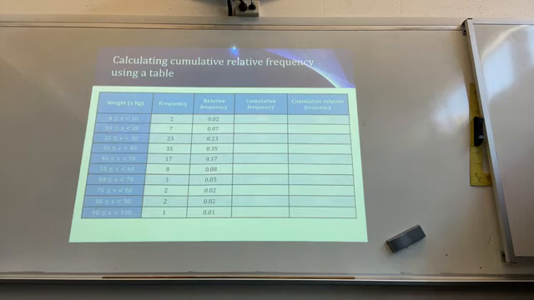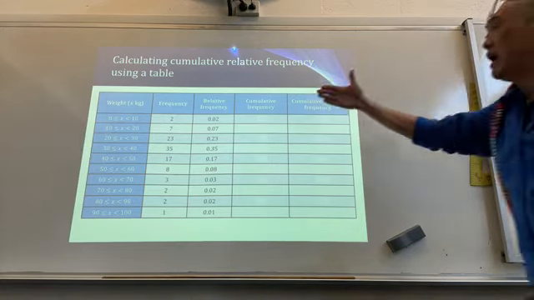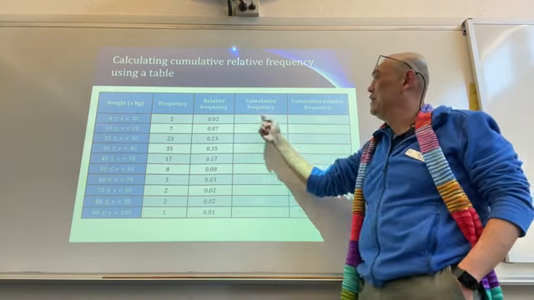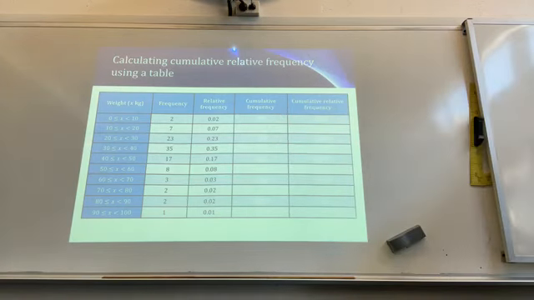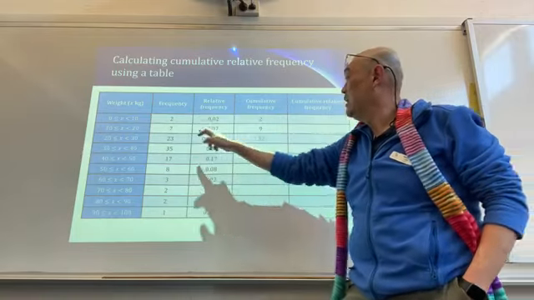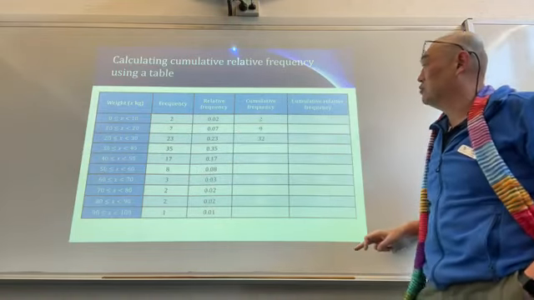So now let's think about calculating a cumulative relative frequency, not function, using a table. So you should know how to work out the relative frequency, and cumulative frequency is just keep on adding. All right? So you keep going, that's the frequency, you keep on adding, 2 plus 7 equals 9, 9 plus 23 equals 32, and so on and so forth.